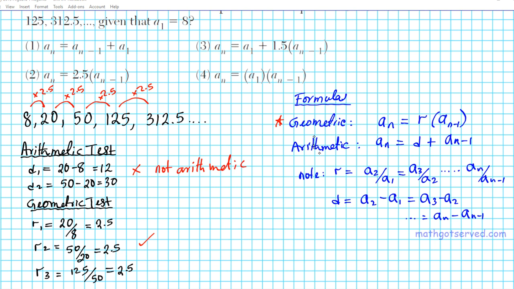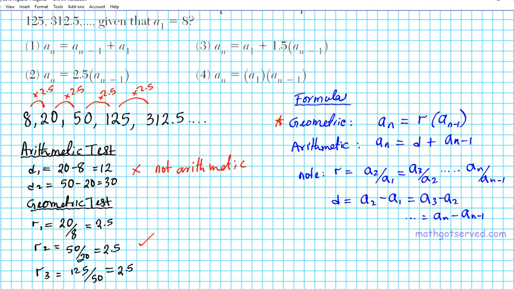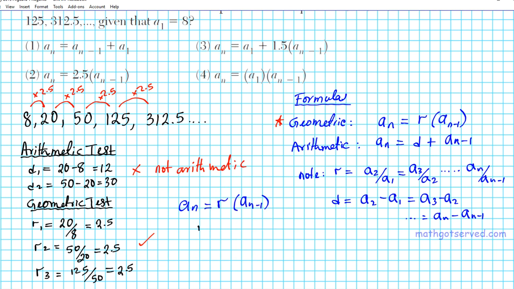Okay, so for the geometric series formula, let's just rewrite the formula here so we can have a guide. We're using a sub n. A term is equal to the common ratio multiplied by the term before that term. Alright, we know from our computation here to the left that the common ratio is 2.5.